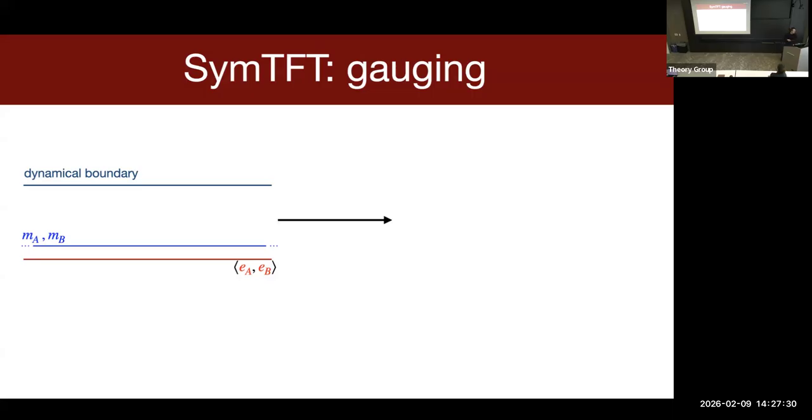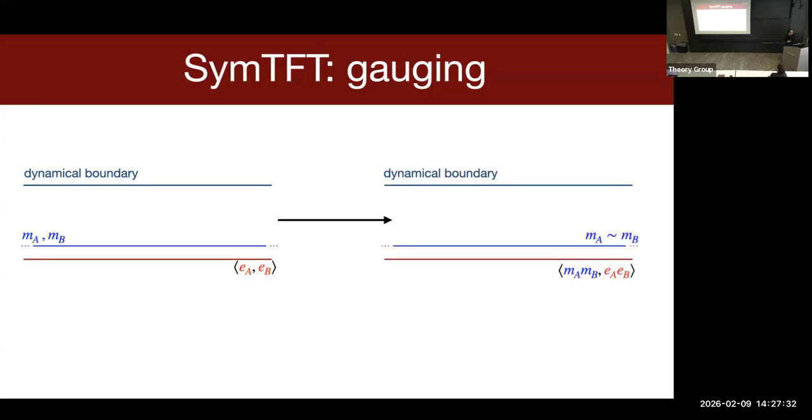To see how this works, we can see how the symmetry operators transform under this gauging operation. In the original situation, when the symmetry boundary consists of E condensed, the symmetry operators will be the M lines. But once I've gauged the Z2 symmetry, I've replaced the bottom boundary with this particular combination of anyon condensations.